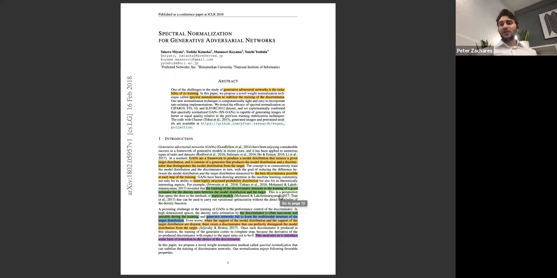That kind of diversity especially is hard because of how GANs are trained.